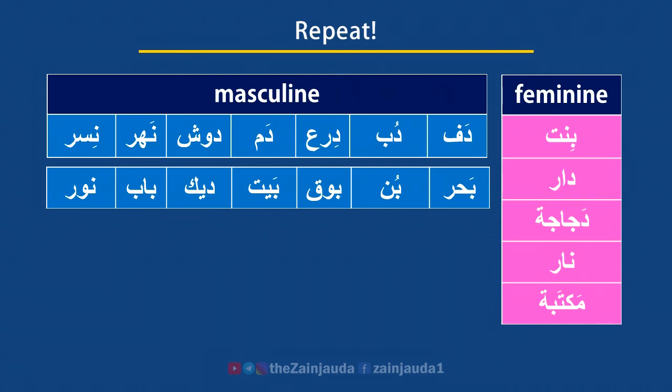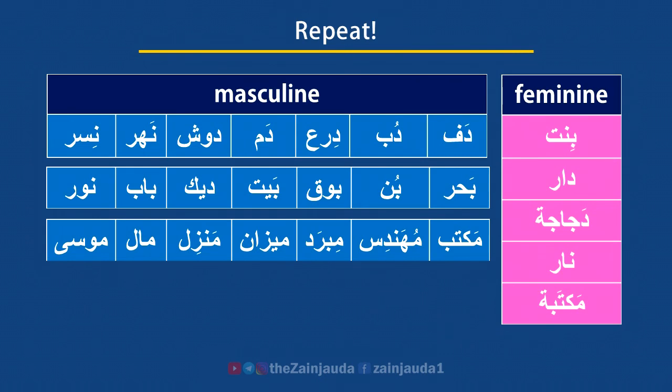نور. مكتب. Notice that the words before this word, the masculine ones, are all one syllable words. Now مكتب is a two syllable word. مهندس. Three syllables.